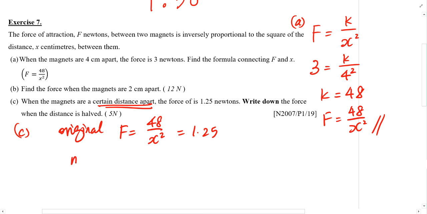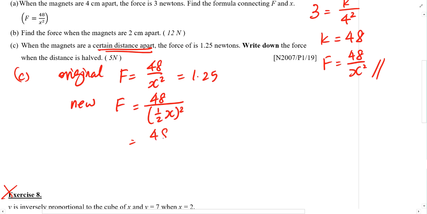New force equals to, what is in the numerator? 48. What is in my denominator? Half x. Where does the square belong to? The entire half x. This gives me, okay, let me continue at next line.